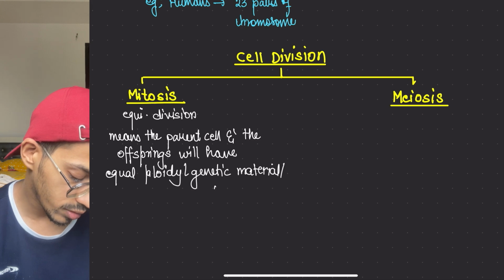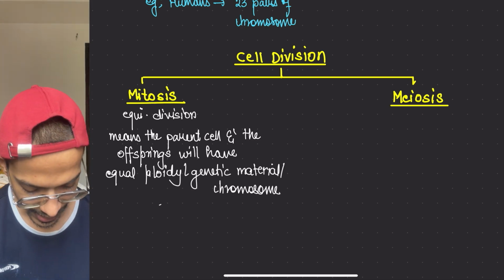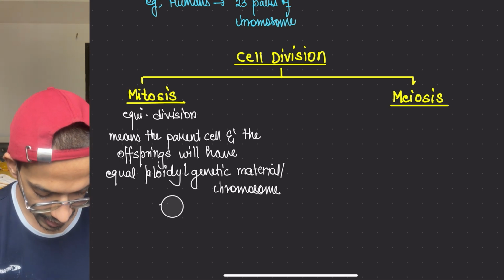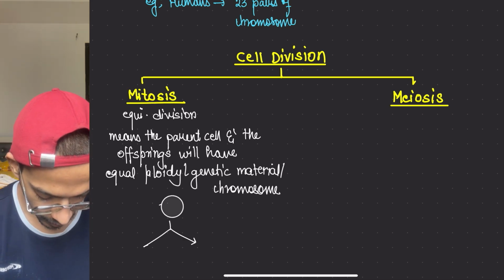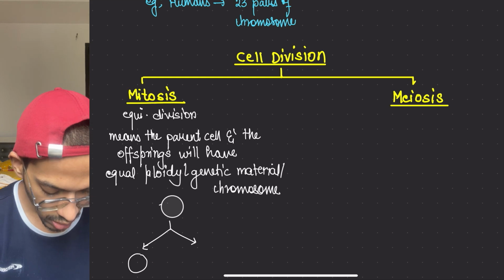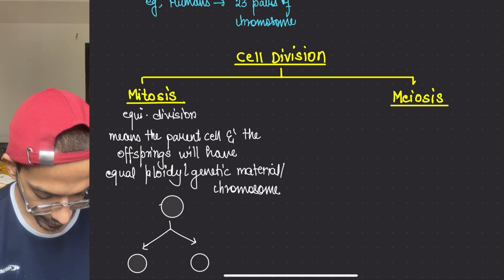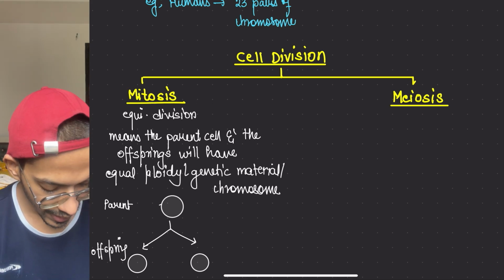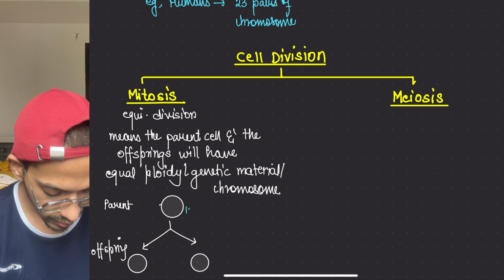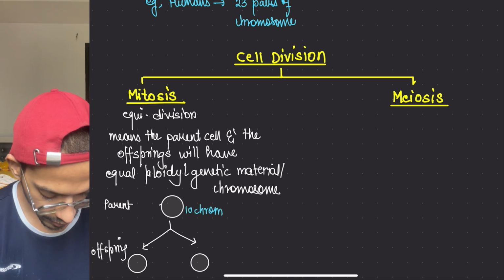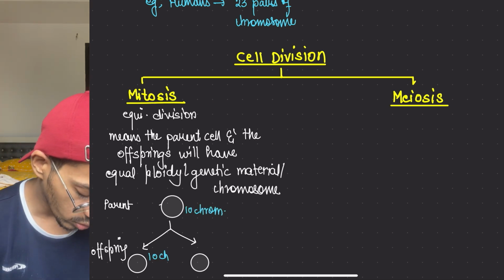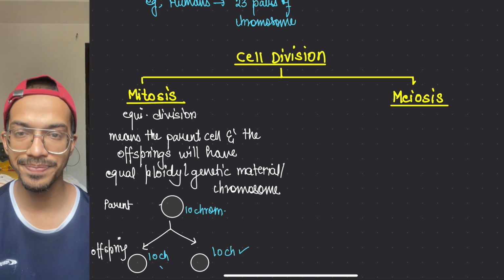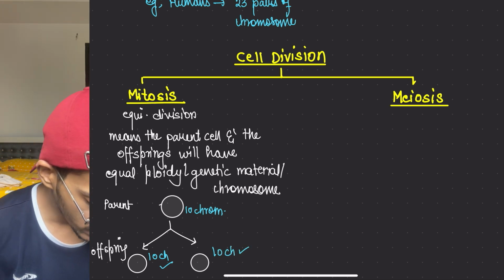Understood? For example, if this is the parent cell, it will divide into two cells, and these two cells are the offspring. So this is your parent, these are offspring. If it has 10 chromosomes, this will also have 10 chromosomes and this will also have 10 chromosomes. Means equal. Clear?